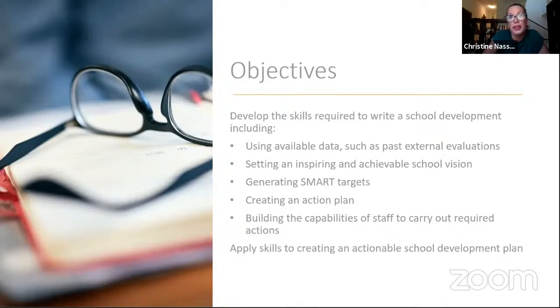Doing this, we'll work through a couple of case studies, and we'll ask you, as the DG said, have your paper and pencil, be taking notes, and be coming up with your own ideas for your own school. If you're joining us as an OEQA officer, you can think about a school that you've recently visited.